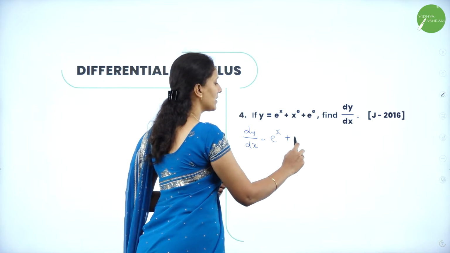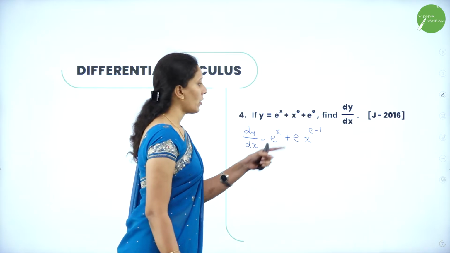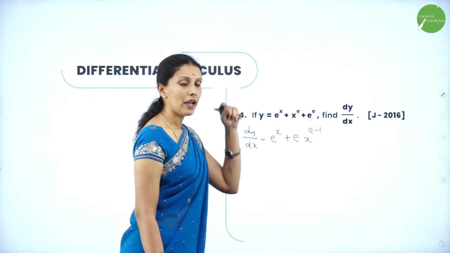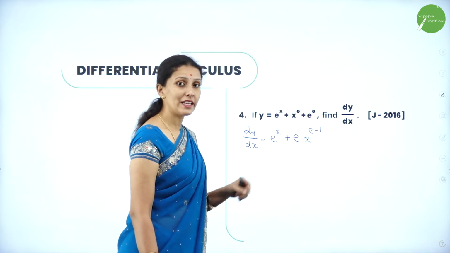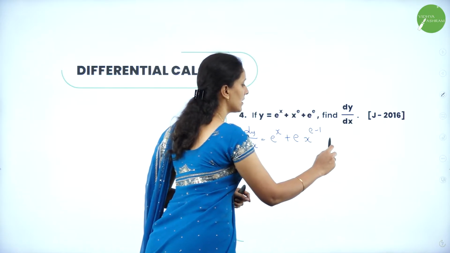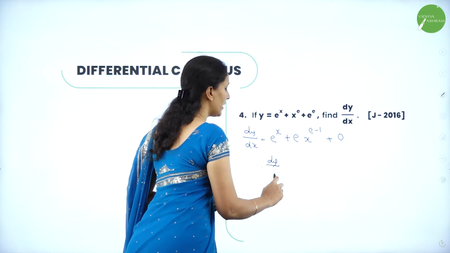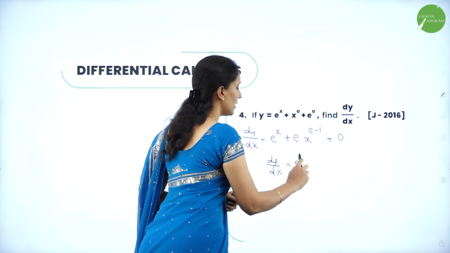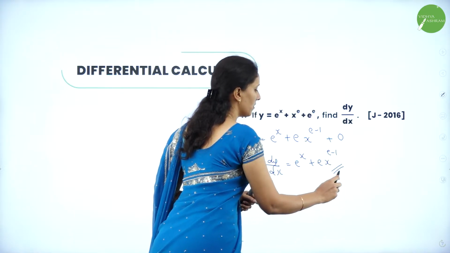So, we have to write this as e into x power e minus 1. Now, here e is a constant and e power a is also constant. So, therefore, e power a is a constant function. Hence, its derivative is 0. So, therefore, dy by dx here is e power x plus e into x power e minus 1.